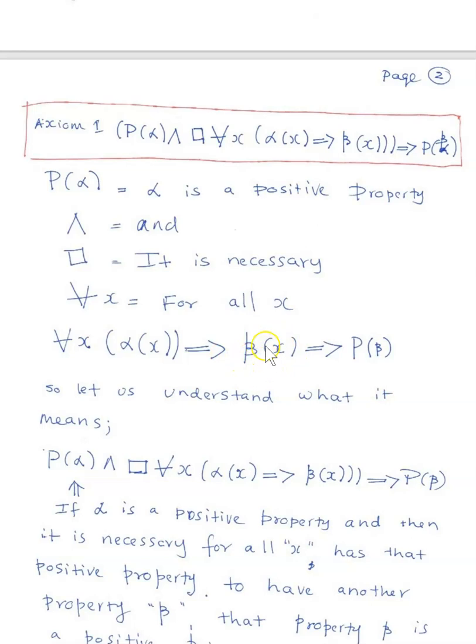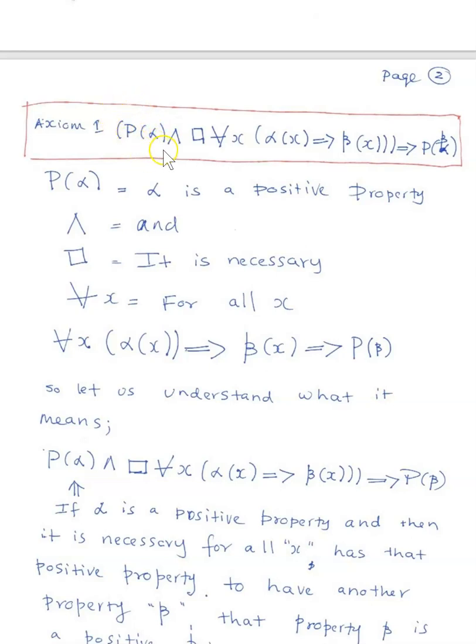That person would also have a property called beta, and that property beta would be a positive property. So what he's saying here is, let's say alpha is a positive property. What could be a positive property of a person? Let's say kindness. So let's say alpha equals kindness.